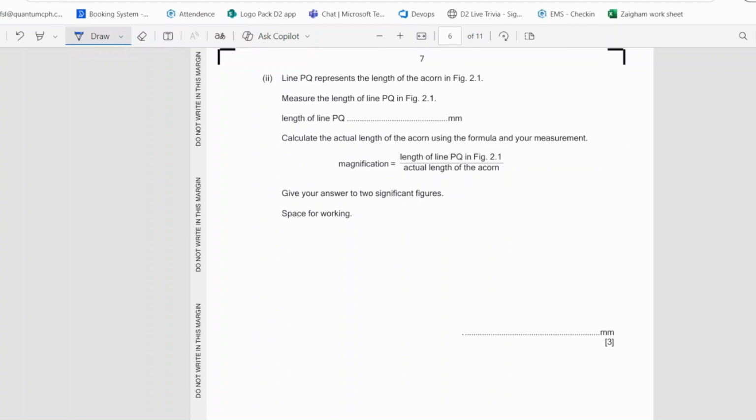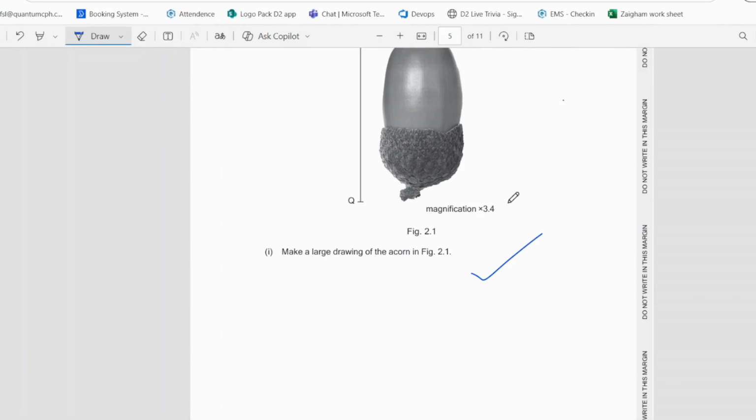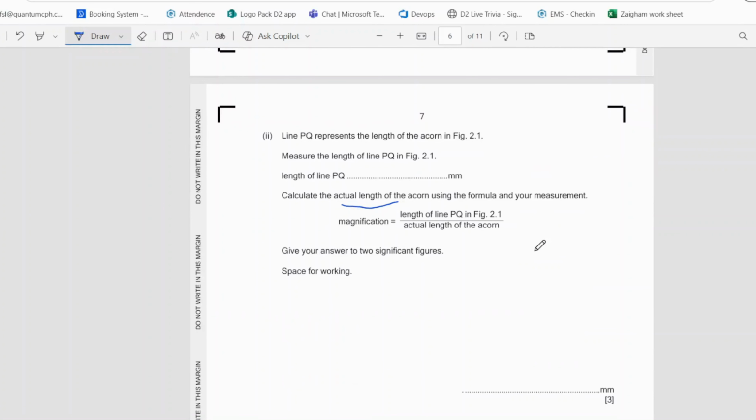Okay, so it would be 114. Okay, now you have to calculate the actual length. Okay, what's the magnification given? The magnification is 3.4. Okay.